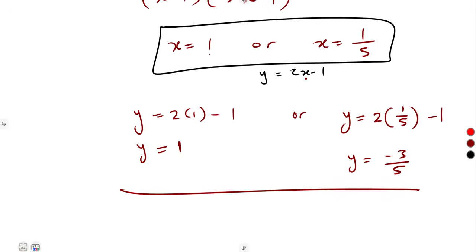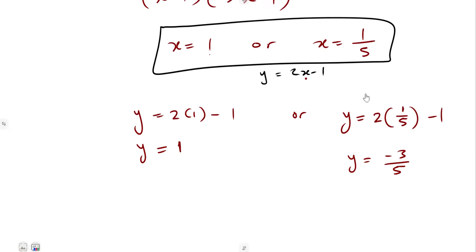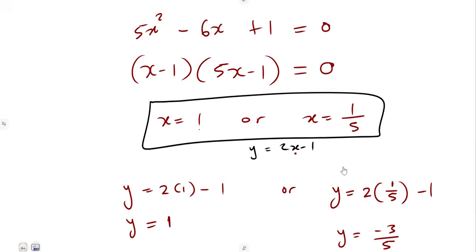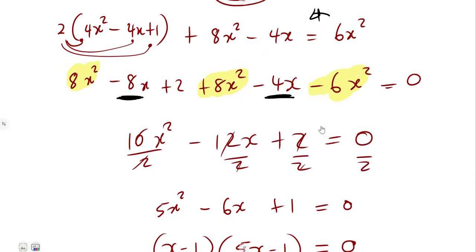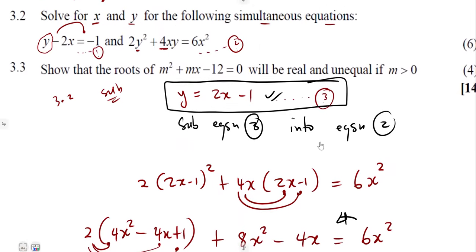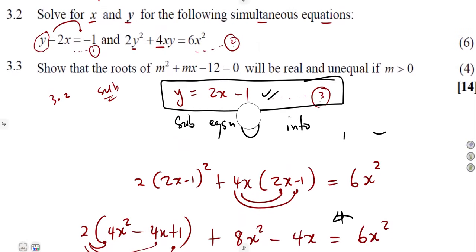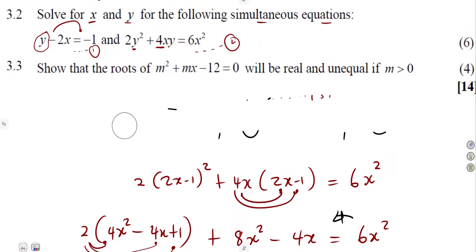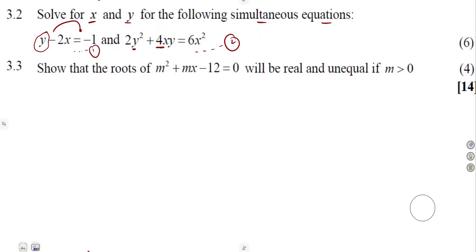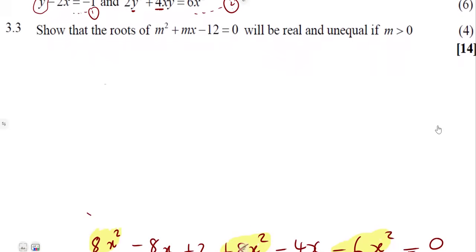So these are the y values that you're going to have from the values of x that you had. So that is how we can simply answer this type of question. All you need is playing around and understanding how to solve, substitute, making this one the subject of the formula, substituting like that. All right, let us move on to 3.3.